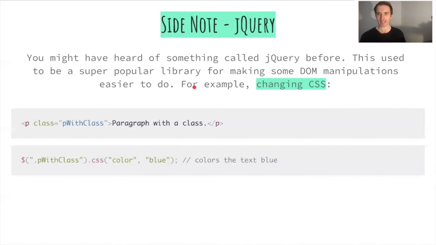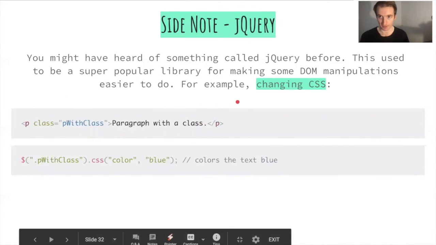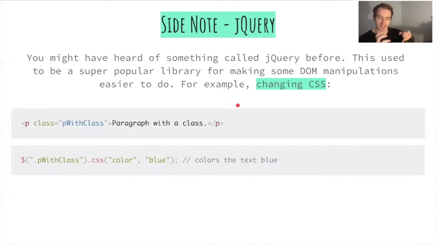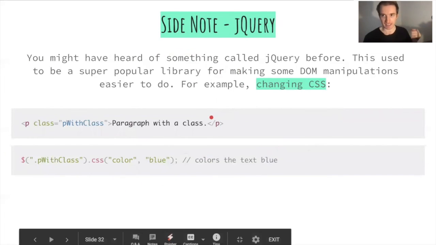Okay, last tiny thing that I want to talk about is a library called jQuery that you might have heard of if you've already tried to do some sort of JavaScript programming before. jQuery is a library, so it's one of these things that some really smart developers decided to make to make our lives easier rather than having to do all of this complicated query selector thing. It essentially just makes it easier for us to manipulate DOM elements.